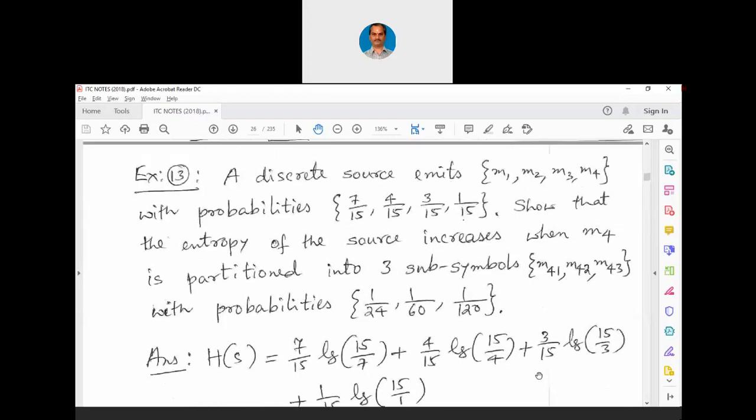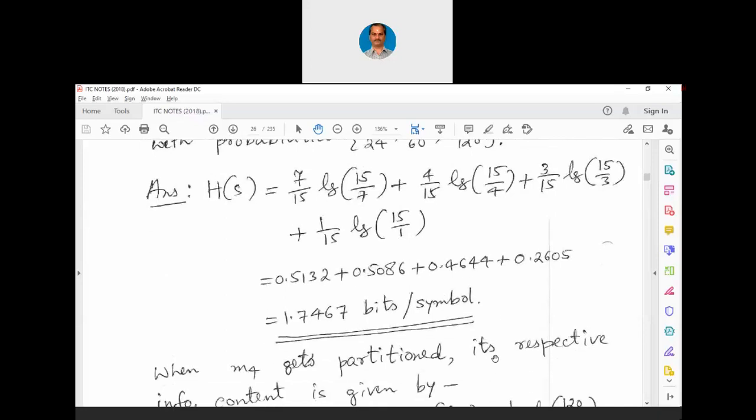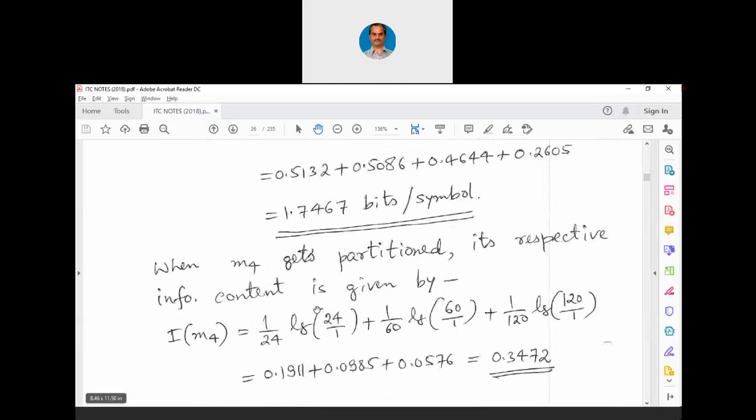Now let us find out H of S. I am going to show you the answer directly, 1.7467 bits per symbol for the given probabilities. Now let us calculate this M4 when it is getting partitioned. Its respective information content I of M4, we will find out the entropy of this M4 itself. That we get as 0.3472.